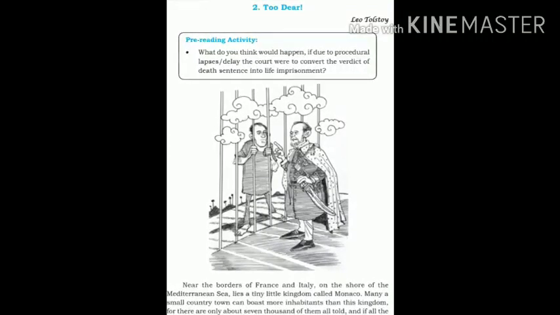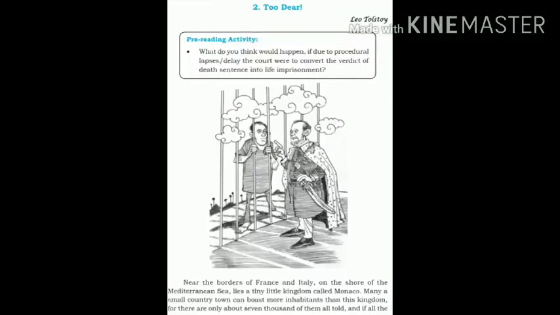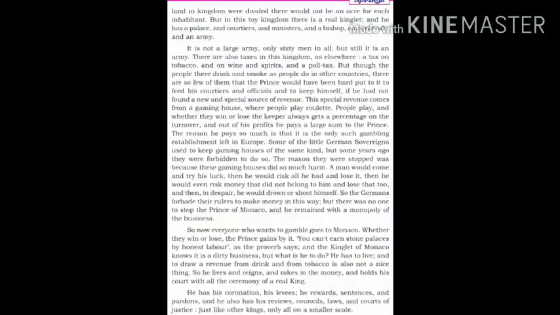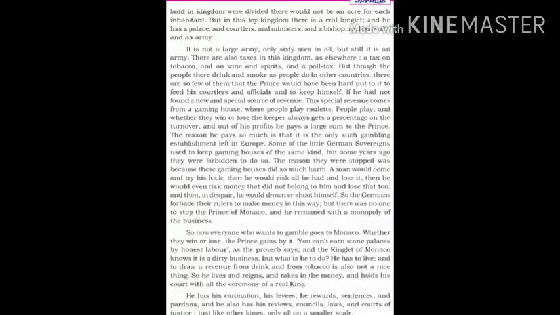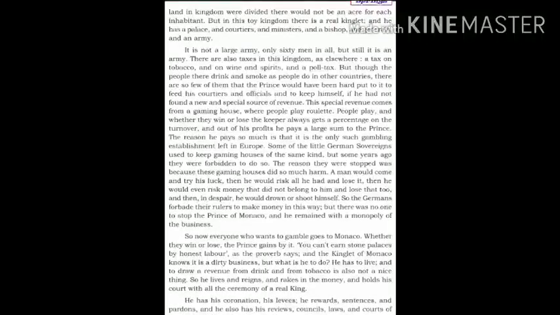Make an underline how many people are there. And if all the land in the kingdom were divided, there would not be an acre for each inhabitant. Means what? If we collect the total land of that kingdom, we are unable to give a proper 1 acre to each inhabitant.